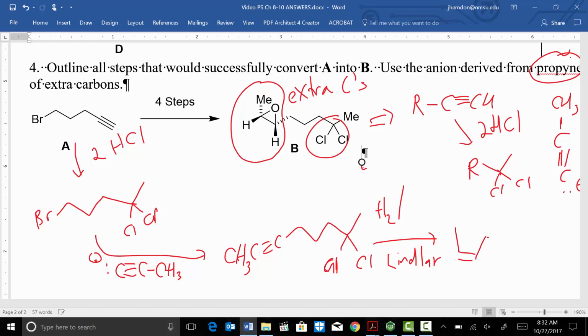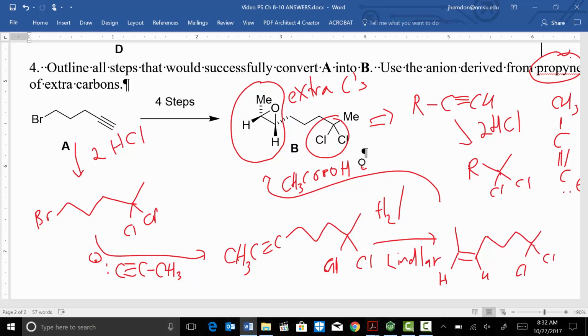This should make this compound now. All right, our alkene will be cis, and then add the peroxy acid, and that would give us the final product.